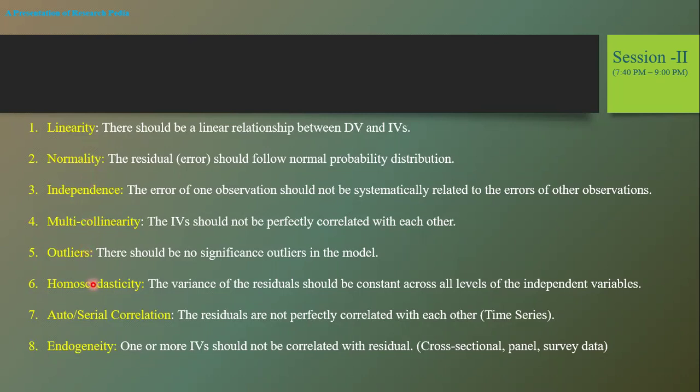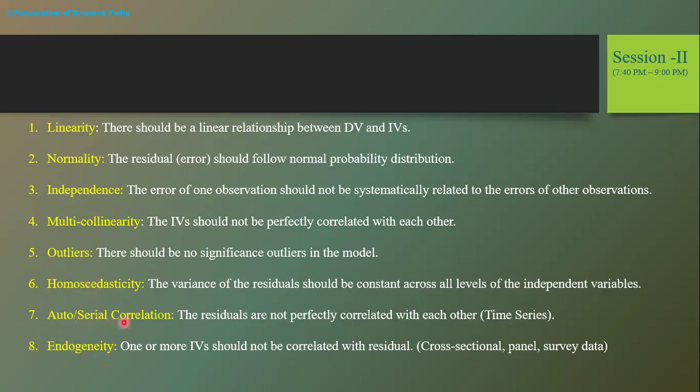If the assumptions are fulfilled, the results are okay. But if one or more of the assumptions are being violated, you need to make corrections. You need to go to the remedial measures of correcting your data, so that your results could be considered reliable results.